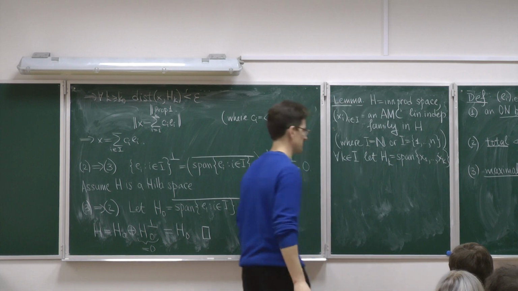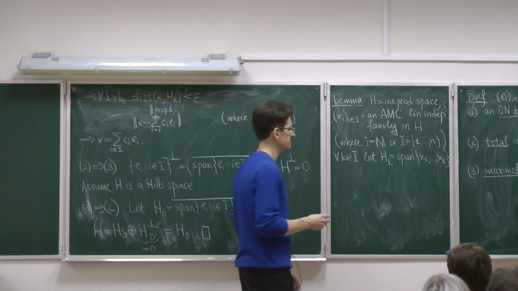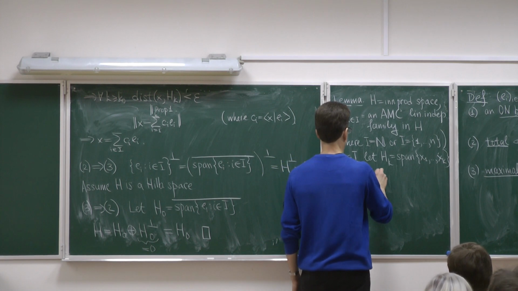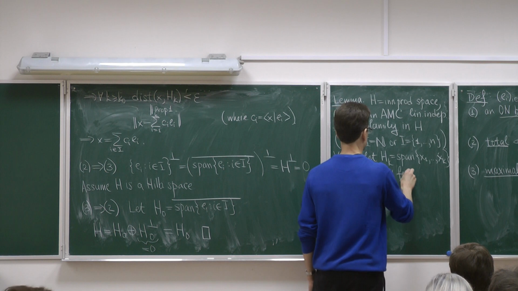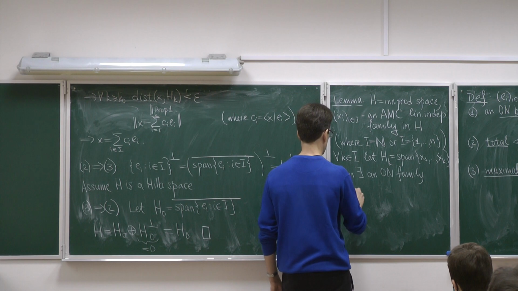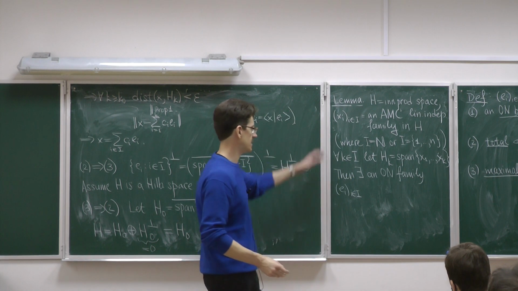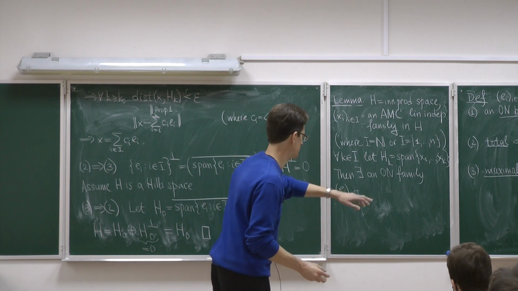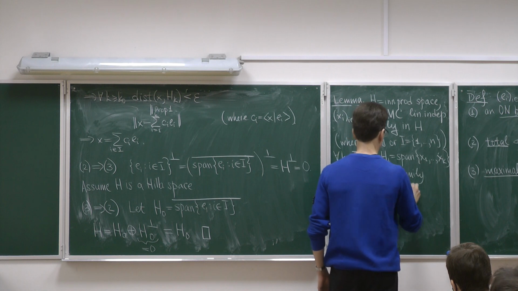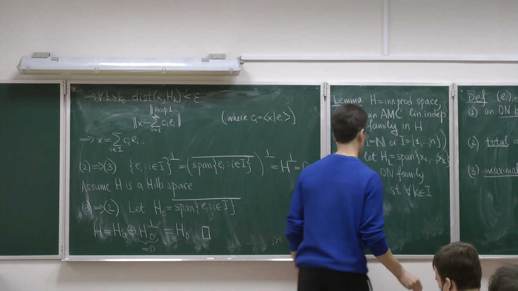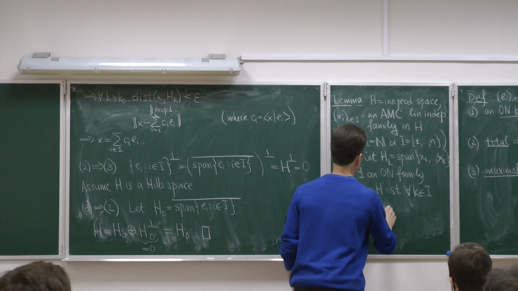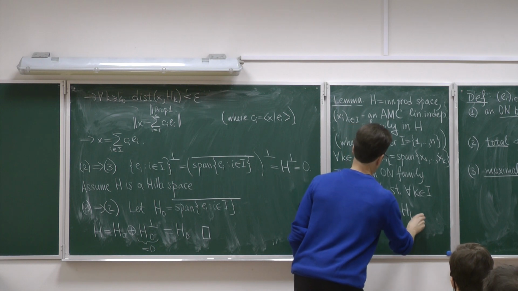So this is a finite dimensional subspace in H. I claim that there exists an orthonormal family in H, a family Ei of the same cardinality as Xi, so it is indexed by the same index set, such that for each k in I, the linear span of E1 to Ek equals Hk.